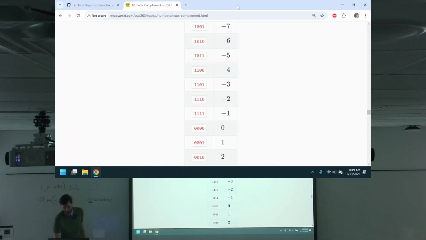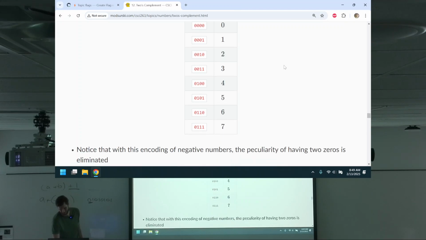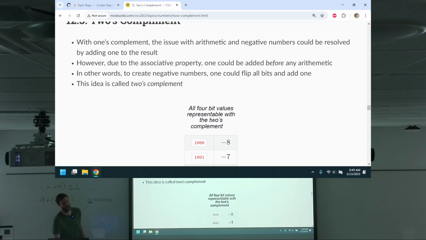Another thing that gets tricky is, soon we're going to be talking about how I can tell if a number is 0. Well, I can look at all the bits. Think of NOR. NOR is only true when everything is 0.